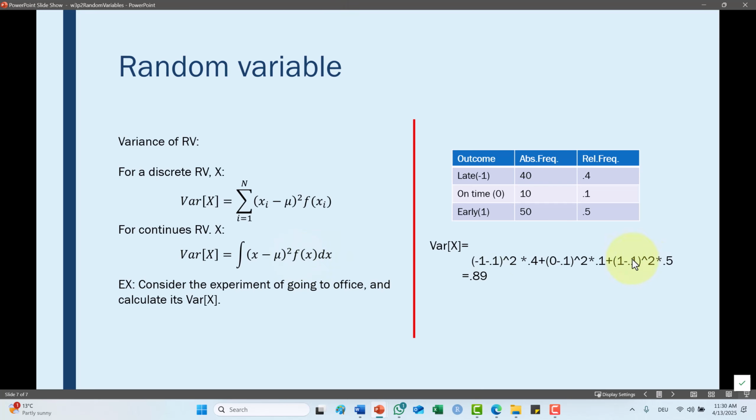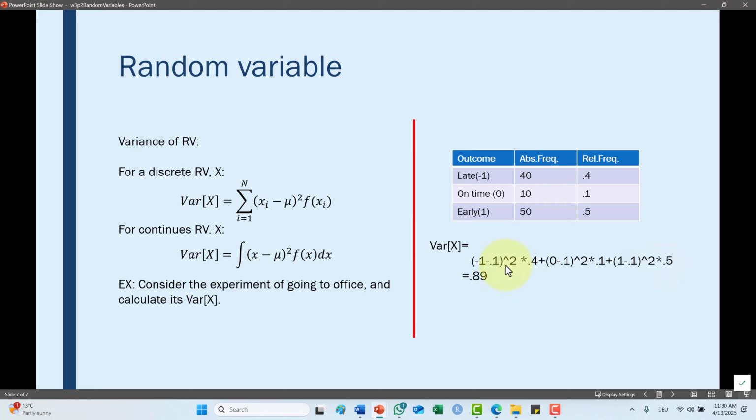For example, if you want to calculate the variance of the random variable x for office arrival, and we have calculated the expected value earlier to be 0.1, then the variance would be minus 1, which is the first value, minus 0.1 all squared times 40%, plus 0 minus 0.1 all squared times 10%, plus 1 minus 0.1 squared times 50%.